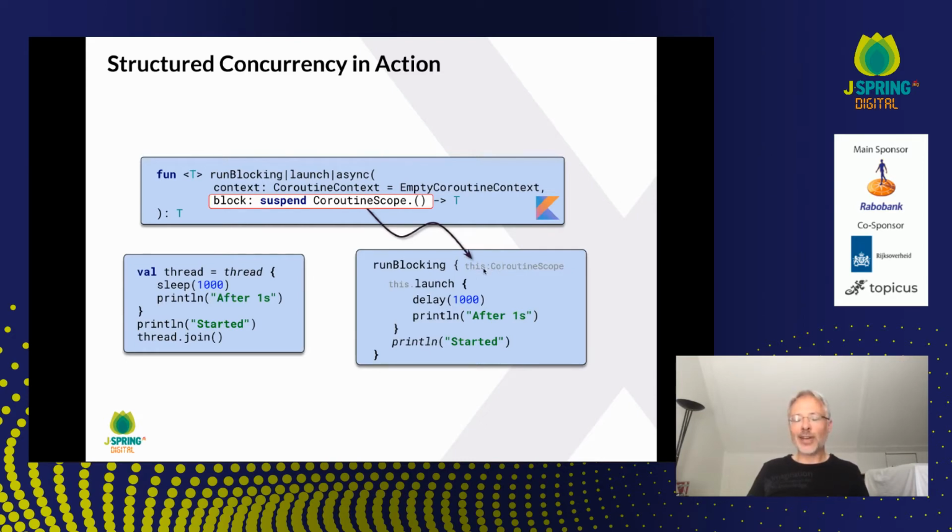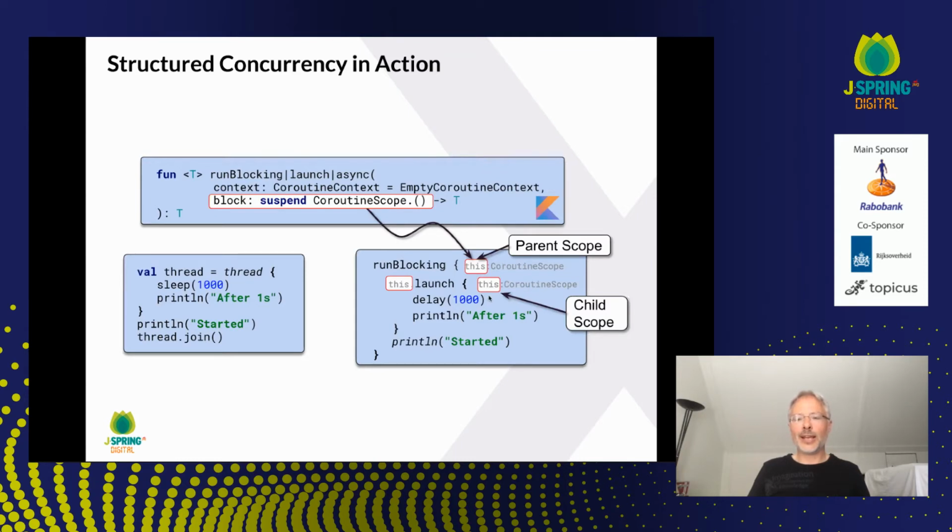So we get right away access to the coroutine scope. The coroutine scope is this. When we then call launch, we do not call launch as a top level method, but on this particular coroutine scope. Because it's the first scope we created, it's the parent scope. Then, because we launch another one, we get another coroutine scope. Launch is also here, so we get a child scope.